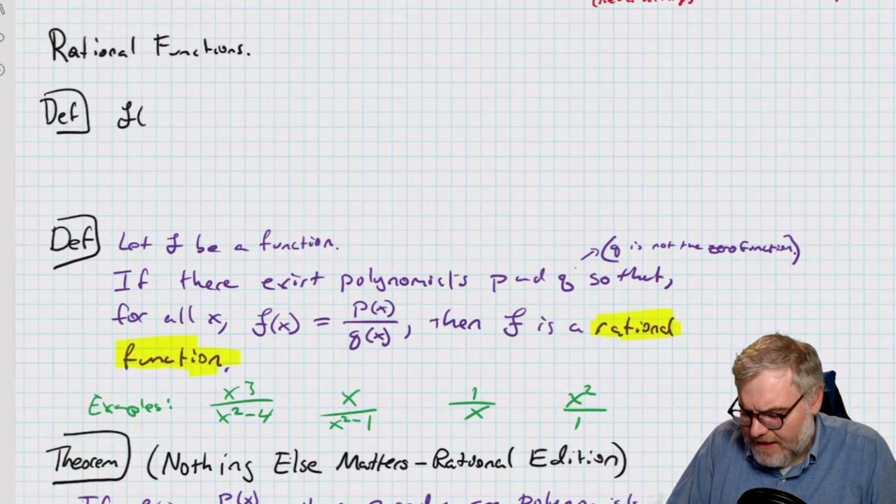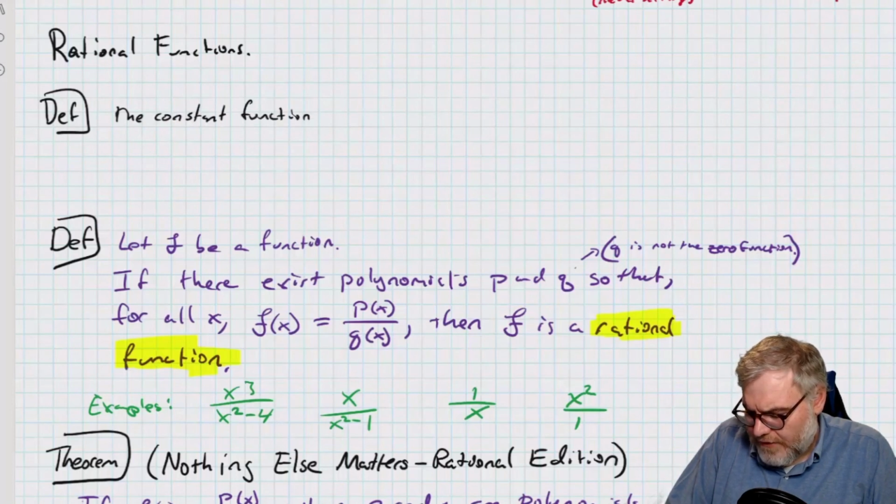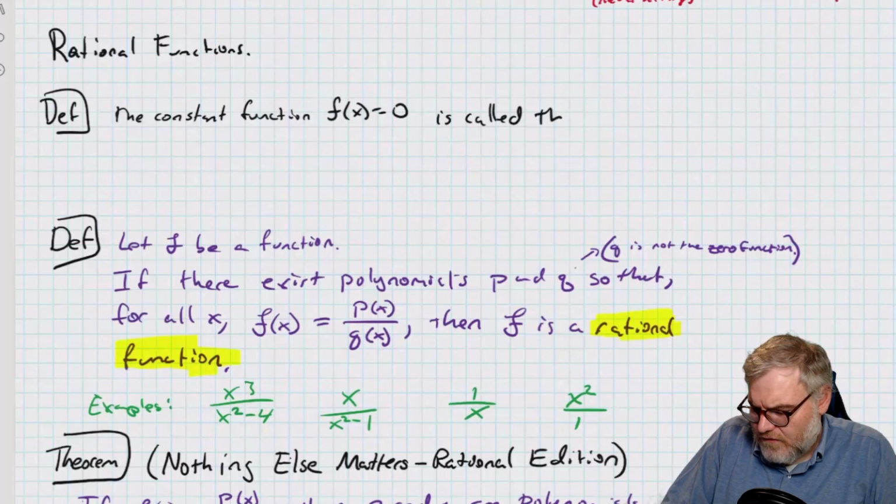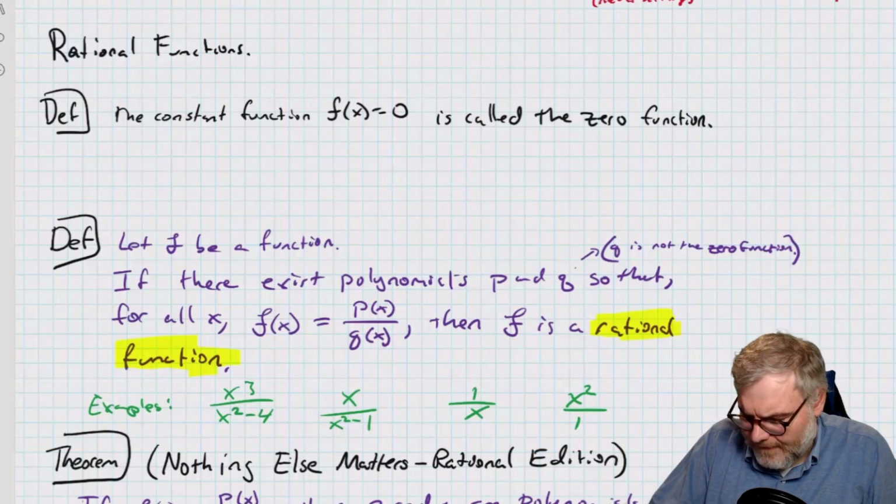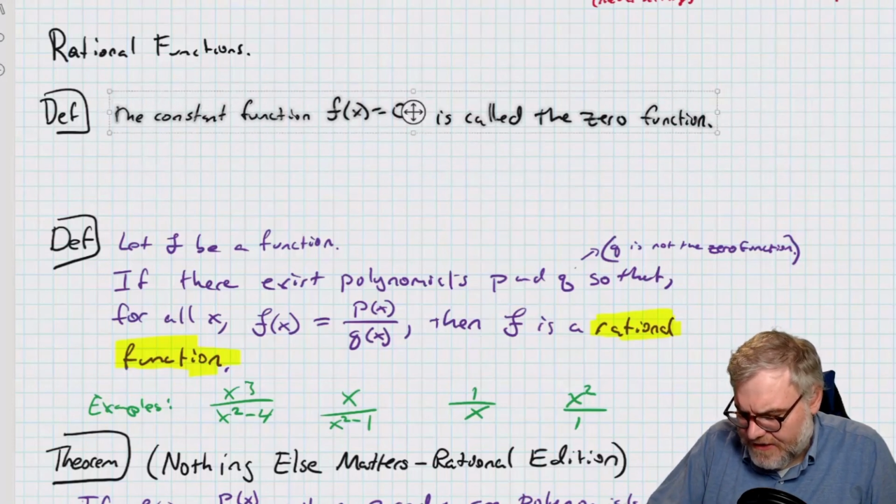The constant function f of x equals 0 is called the zero function. Okay. So that's the constant function 0. All right.